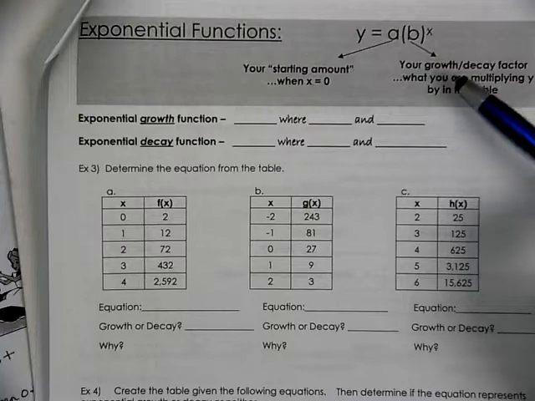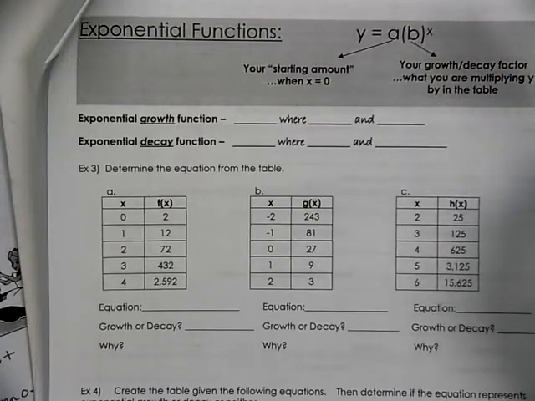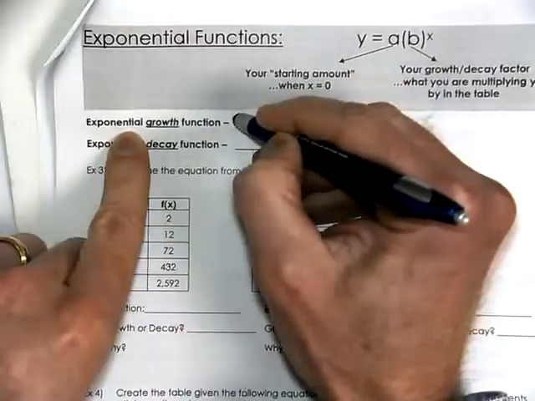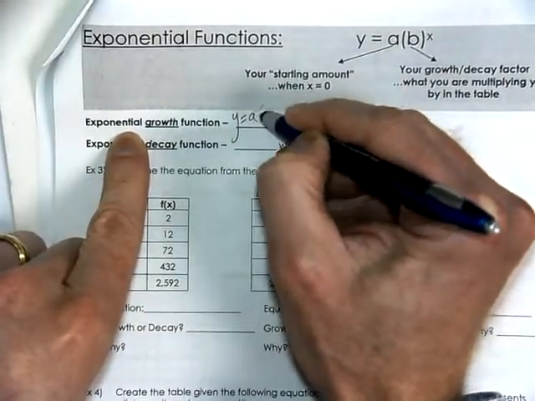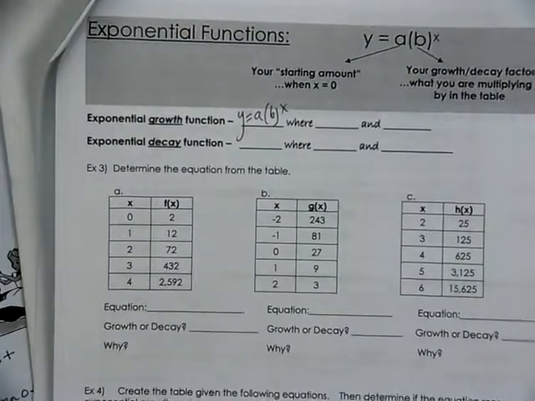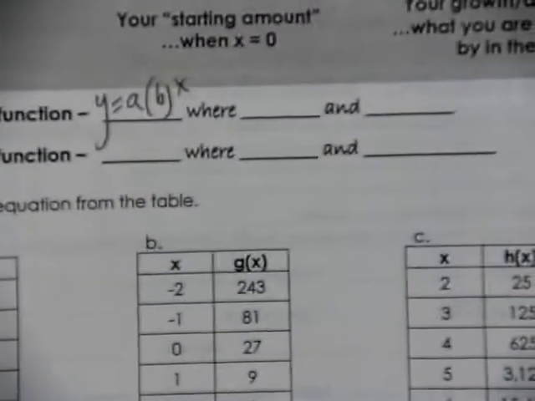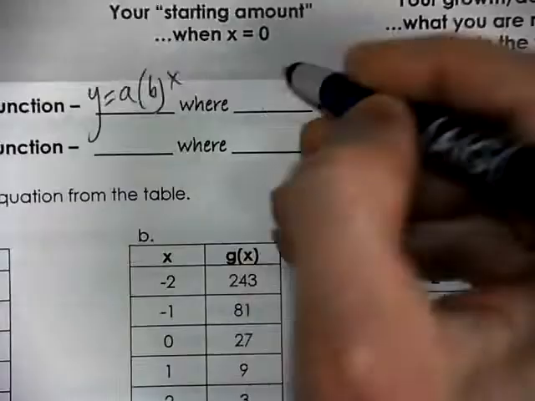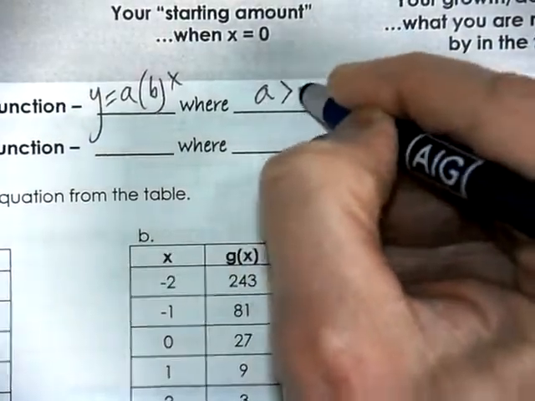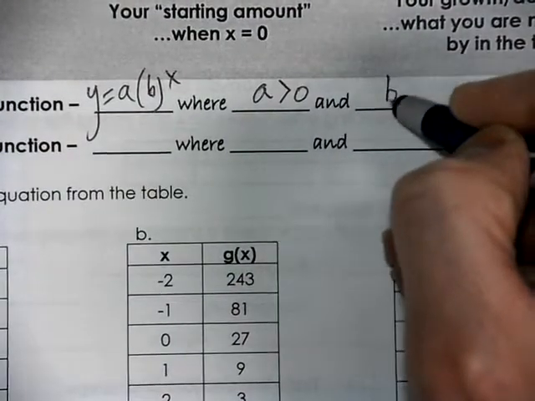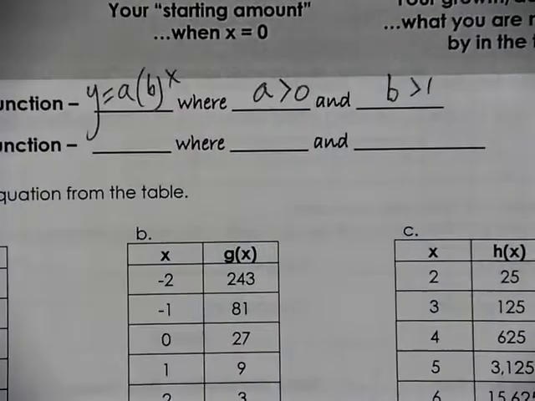If it's greater than 1, it's growth. If it's less than 1, it is decay. Exponential growth is when A is greater than 0, reinforcing that, and if it's growth, the B value is greater than 1.